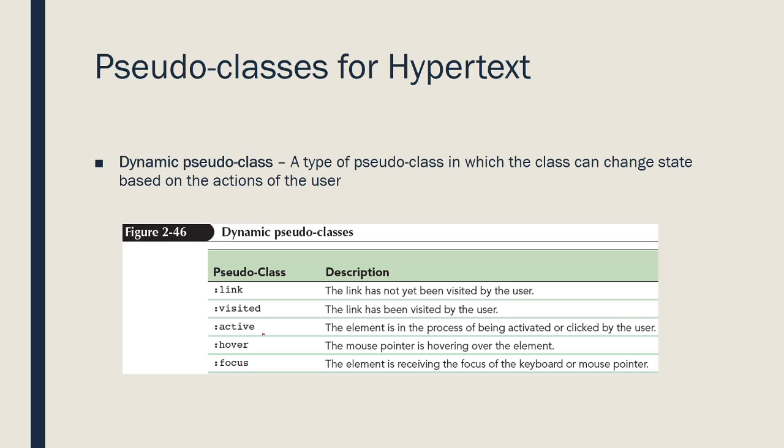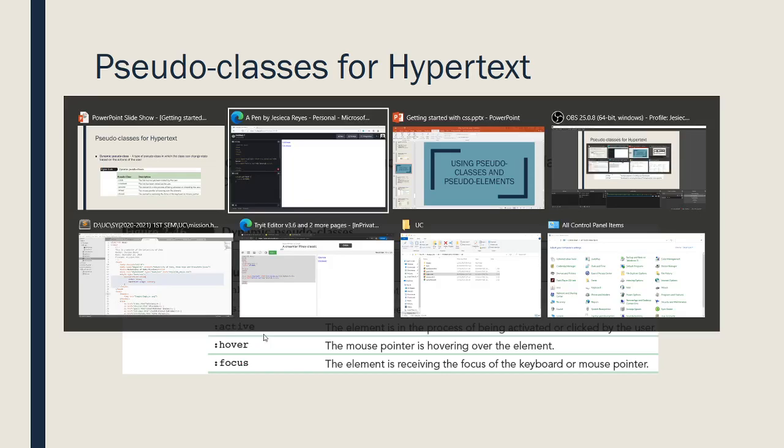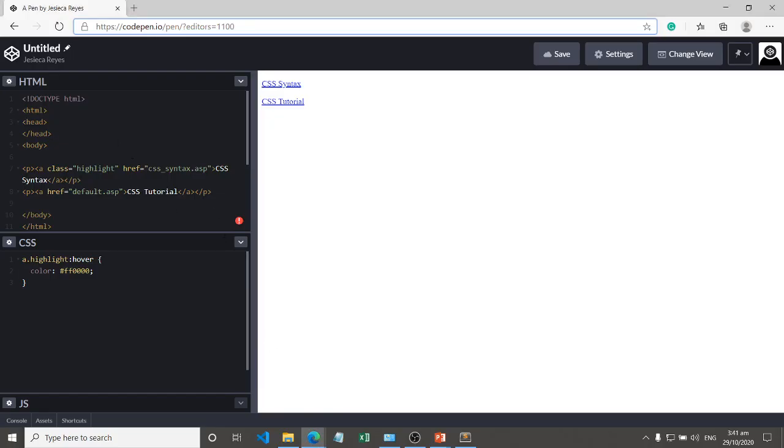Now let us try using codepen.io. In CodePen, we have the sections where you can input the HTML content and define your CSS properties. And if we will have JavaScript, we have the section, the editor, for our JavaScript.